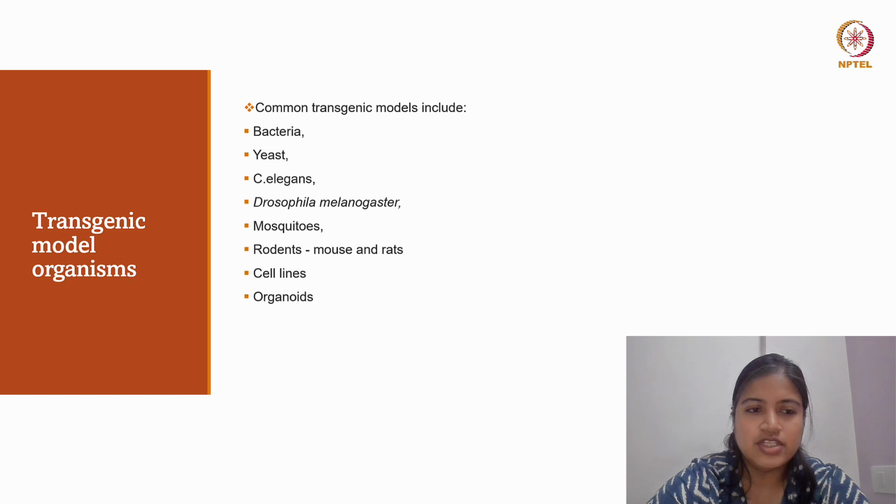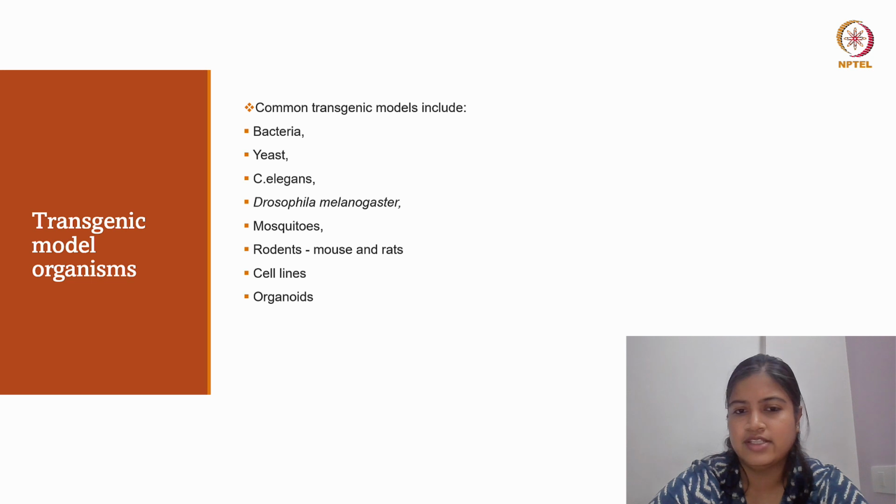So what are transgenic model organisms? Any of these transgenic models which are frequently used in research can include bacteria, yeast, C. elegans, which is a nematode worm, Drosophila melanogaster, mosquitoes, rodents, which includes mouse and rat models, and then you can have cell lines and even organoids, which are half differentiated rudimentary forms of certain tissues.